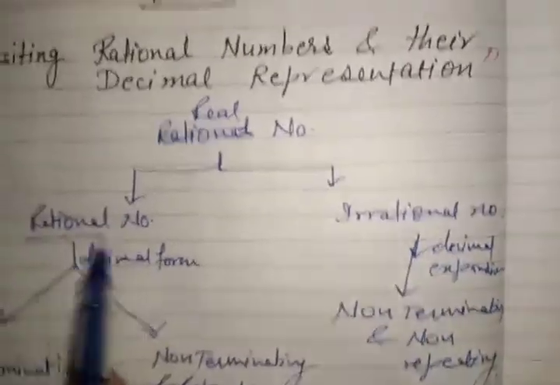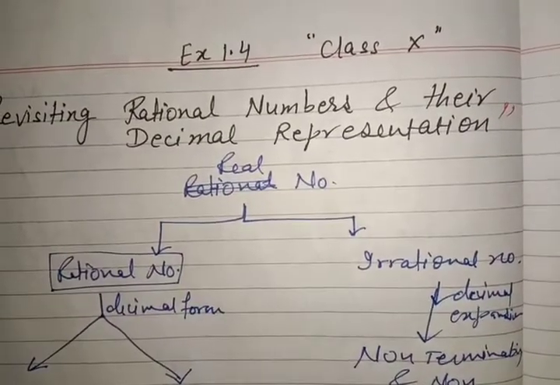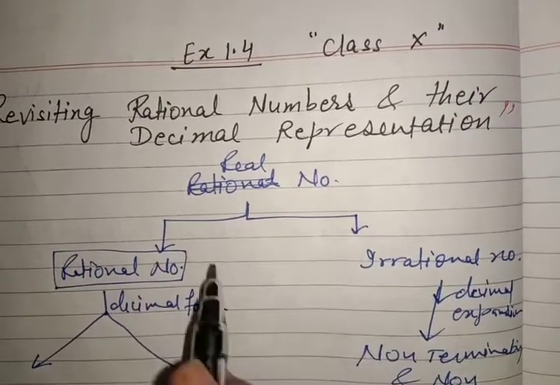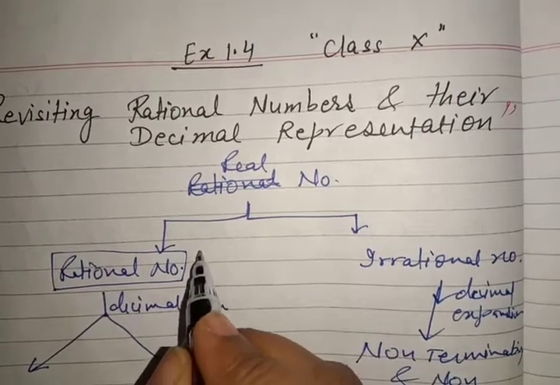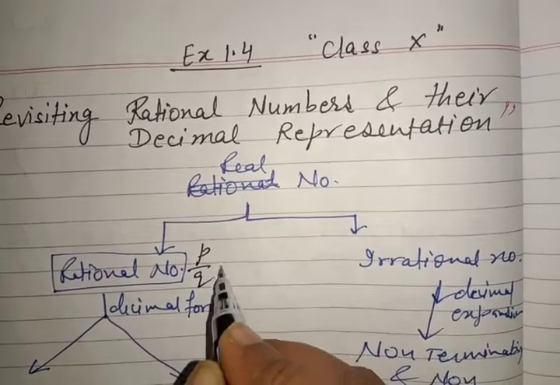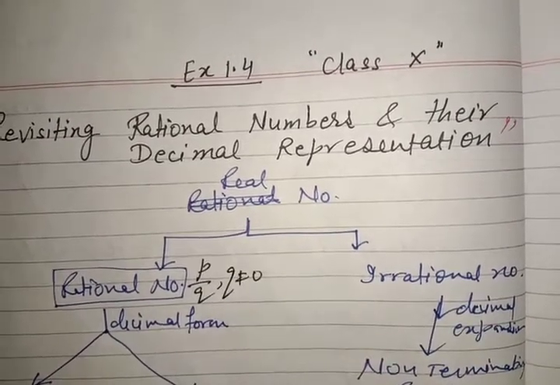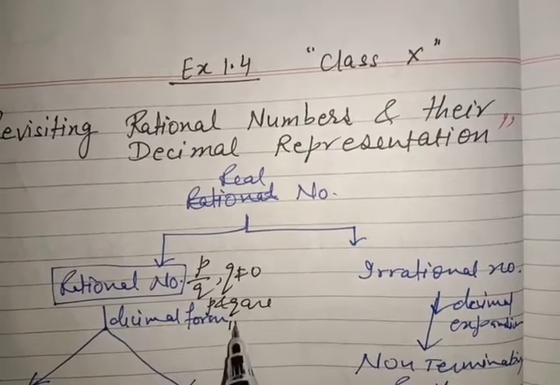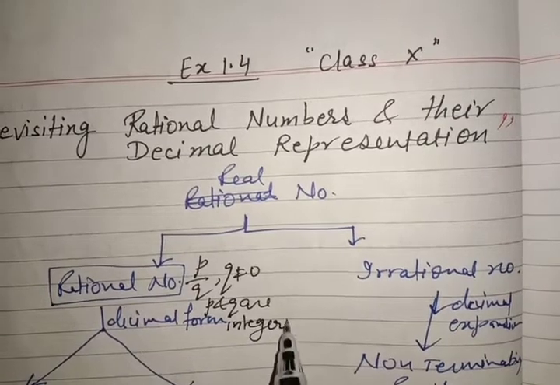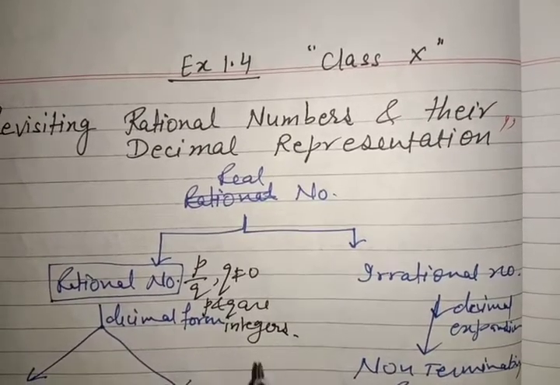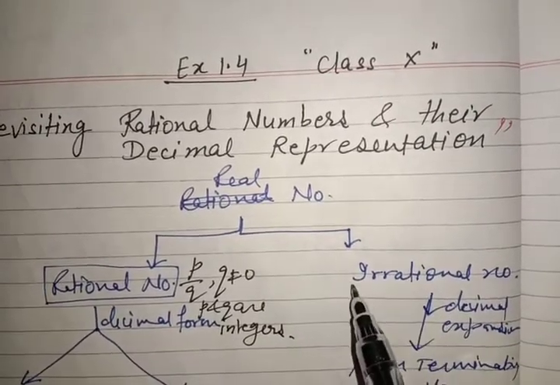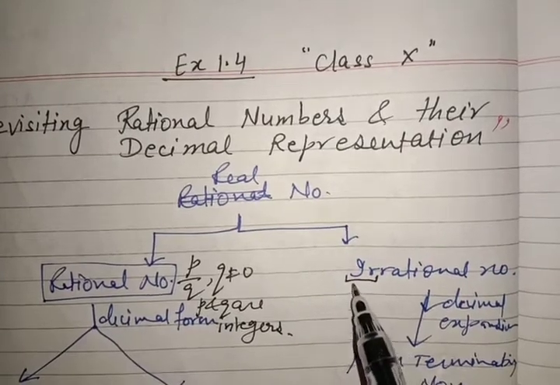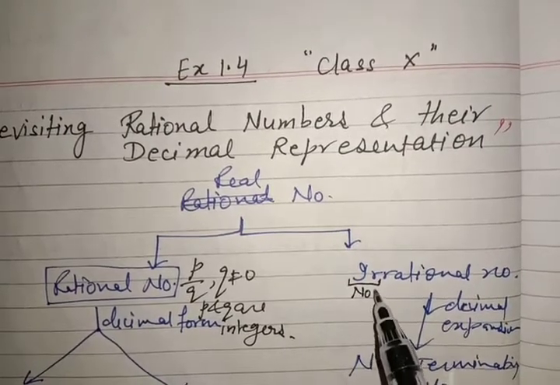The definition of rational number, all of you know. A number of the form P over Q, where Q is not equal to 0 and P and Q are integers. This is the definition of rational number. Now you know, ir means no or not.